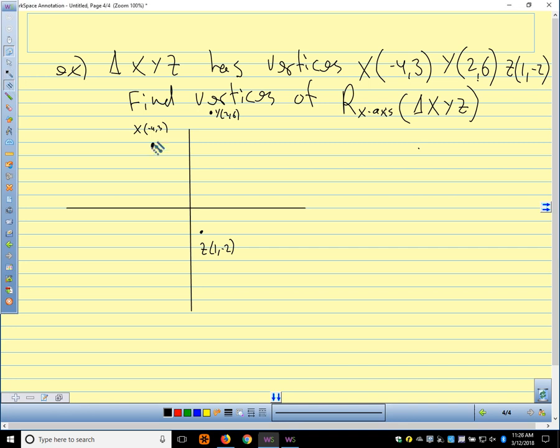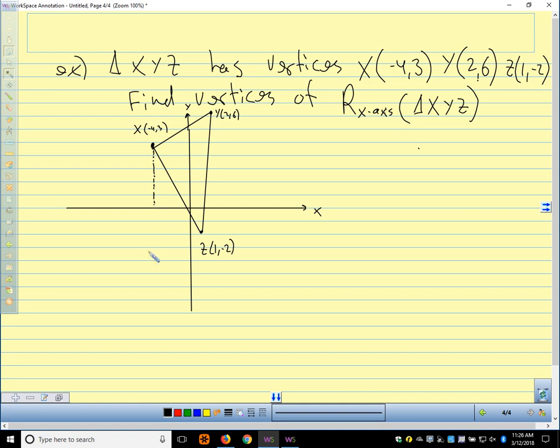So there's my triangle. And we want to reflect it over the x-axis. Well, if I reflect over the x-axis, do I move left or right at all? No. I'm just going straight up and down. So X, I'm going to go straight down to the x-axis.